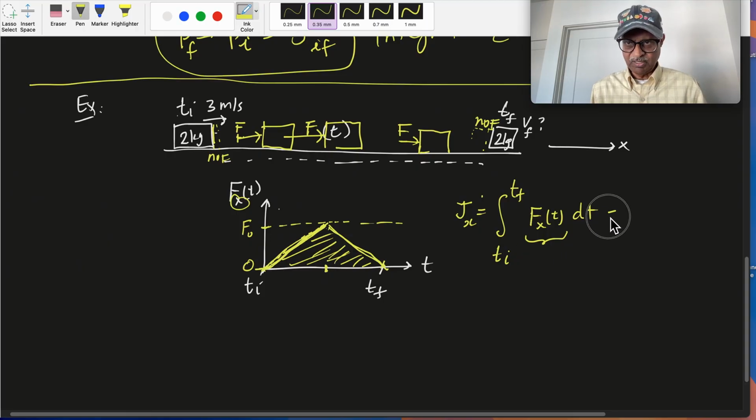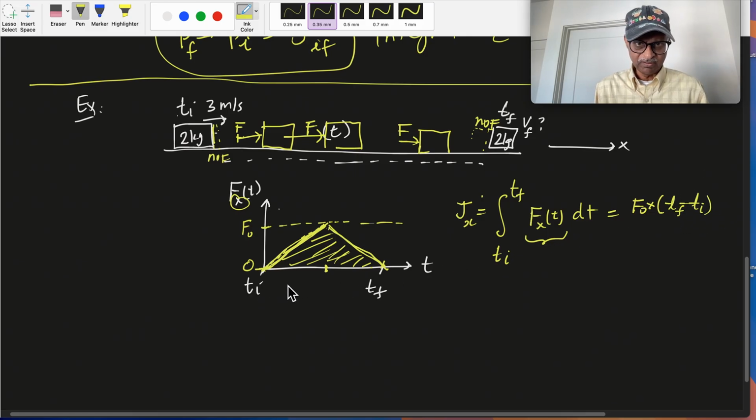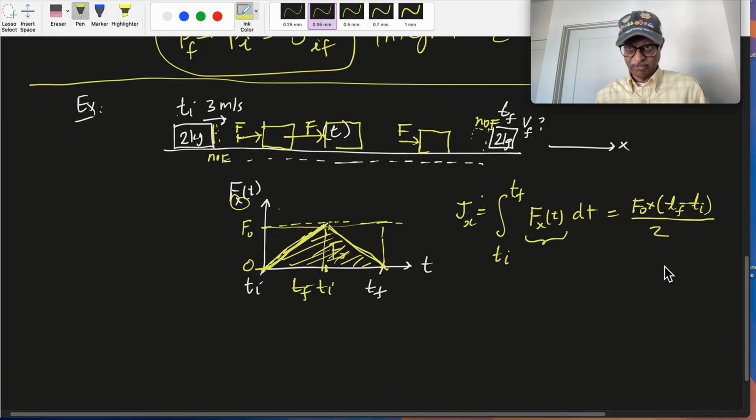So this is just F0 over 2 times tf minus ti, where tf minus ti is the base and the height is F0 divided by 2. If the force was all the way up here, then the area would be twice as big. That's why it's like that.